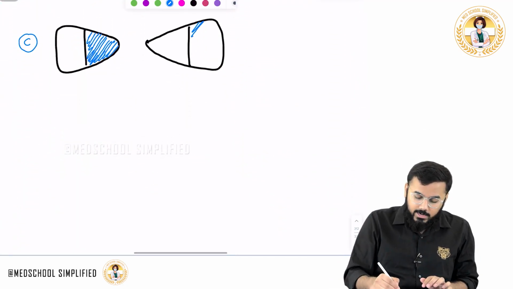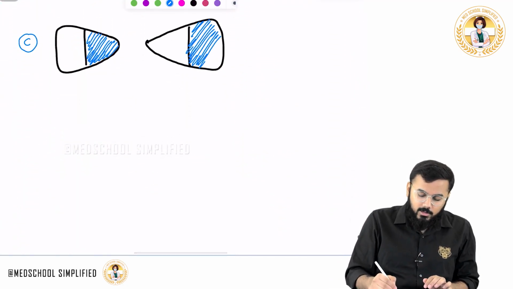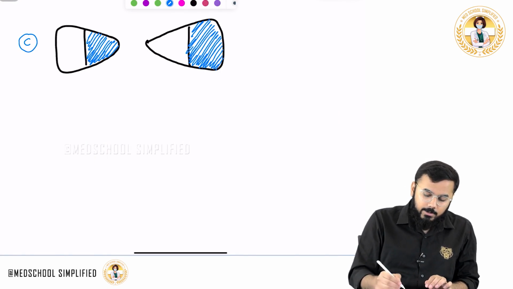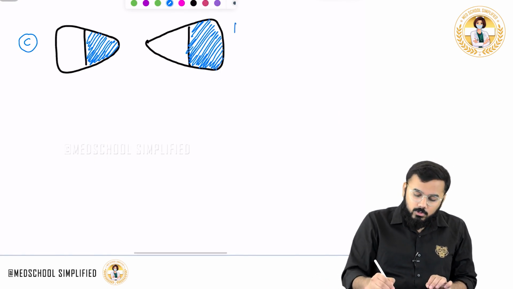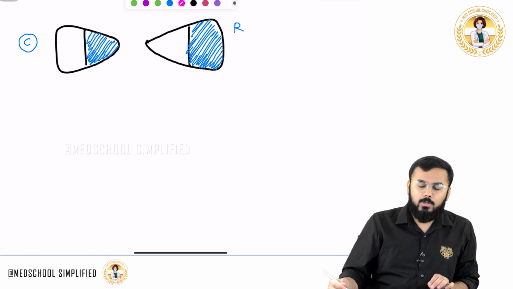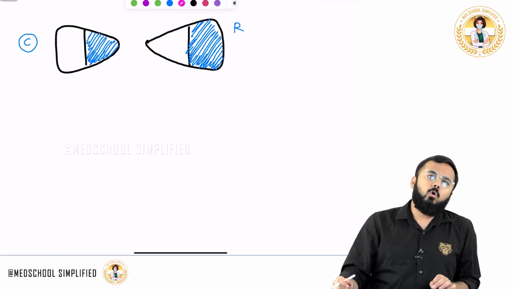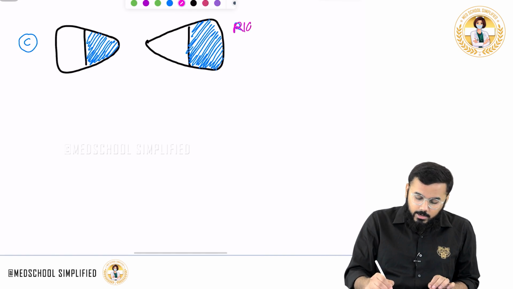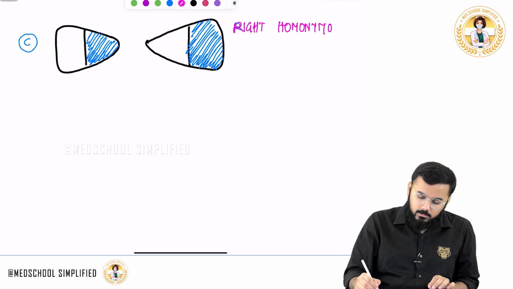So opposite side temporal half is also gone. The nasal half of one side and the temporal half of the other side is gone. So this condition, what kind of hemianopia do you call it? Right homonymous hemianopia.